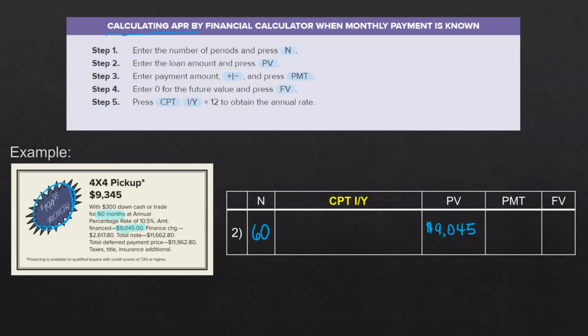So we're going to put that in as a negative $194.38. So on your calculator, you have to do it this way. You type in 194.38 and then you press your plus minus key to put a negative on that number. So you'll see the negative on your screen.